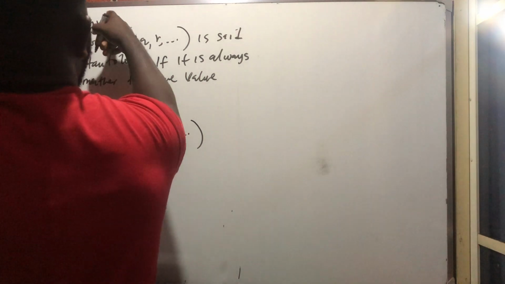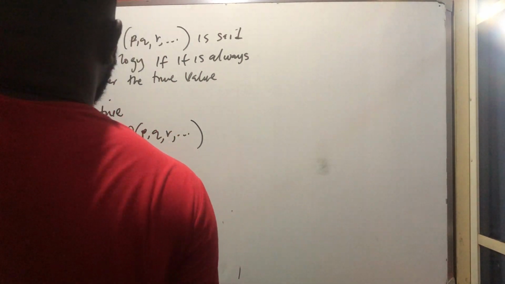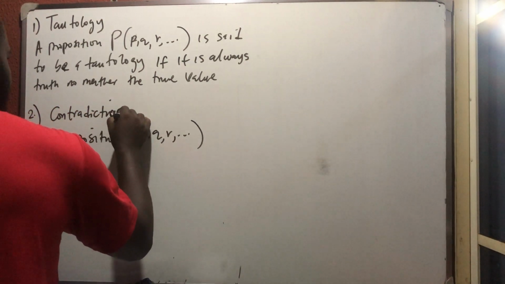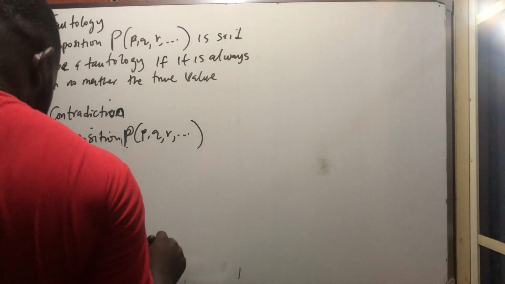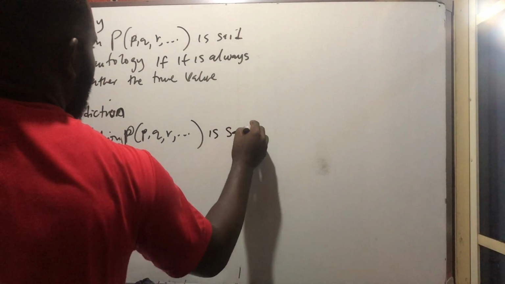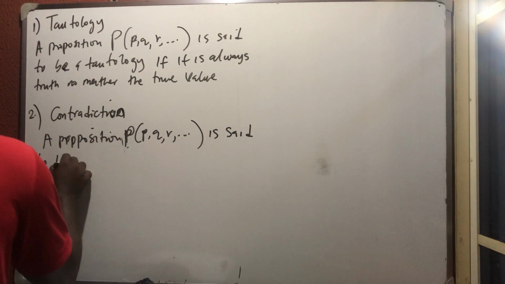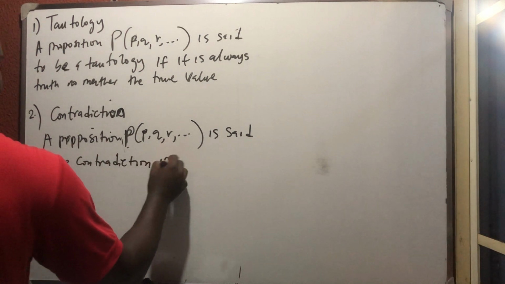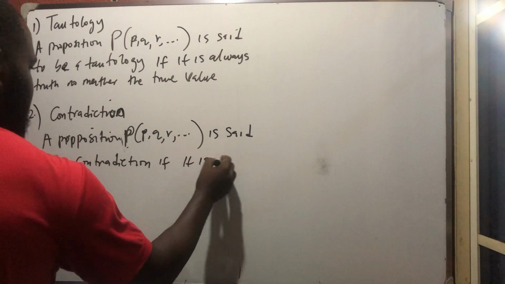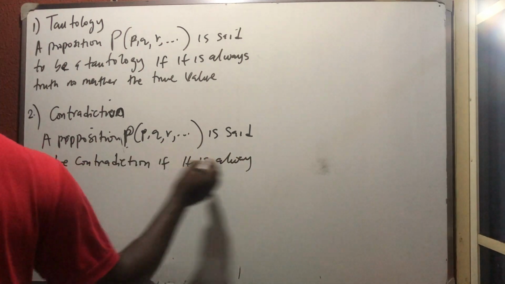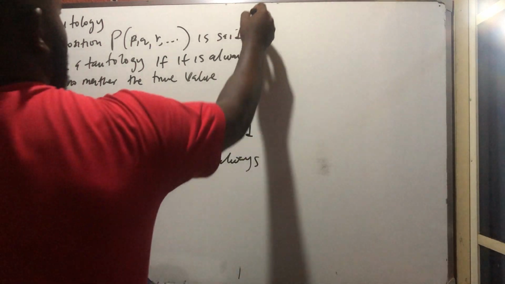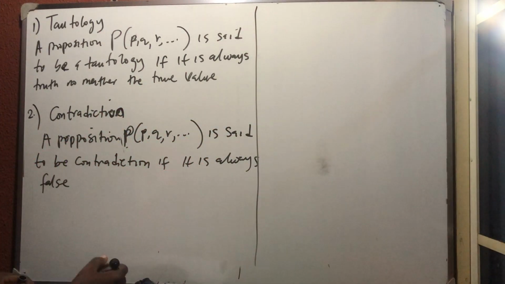So this is just the opposite of tautology. The opposite of tautology is contradiction. So once it is always false, we say that it is a contradiction.